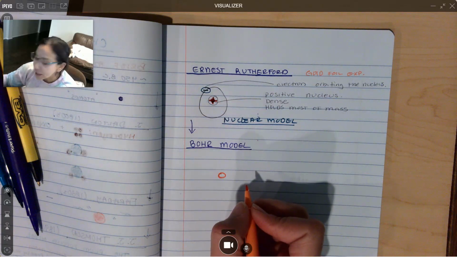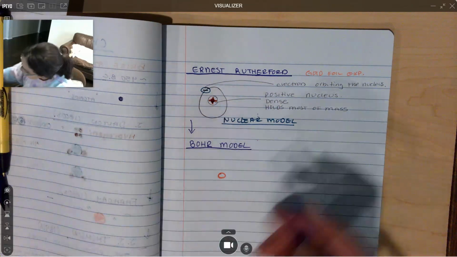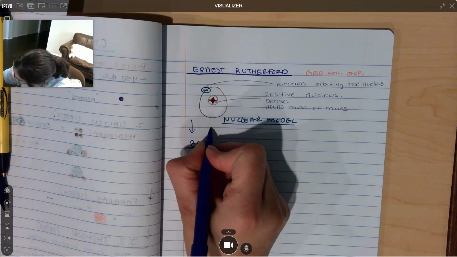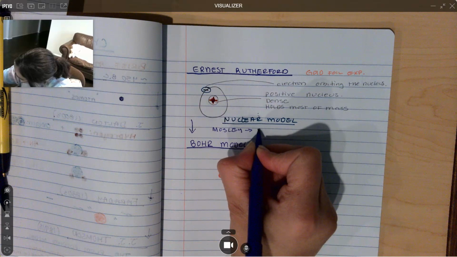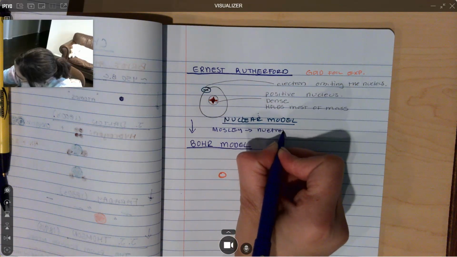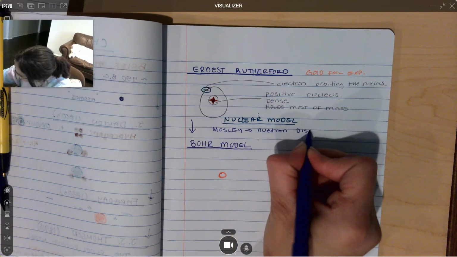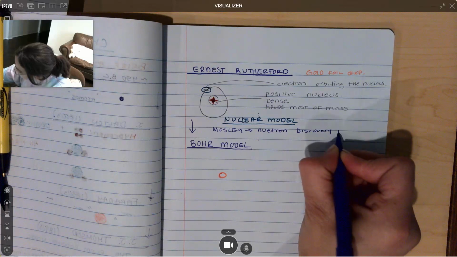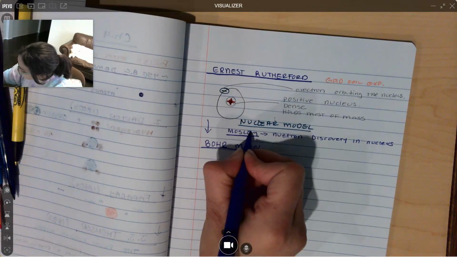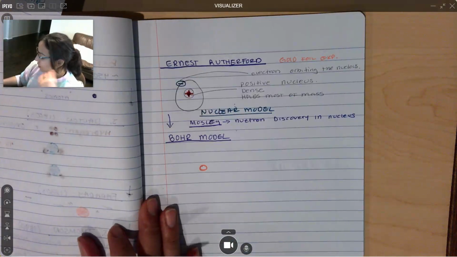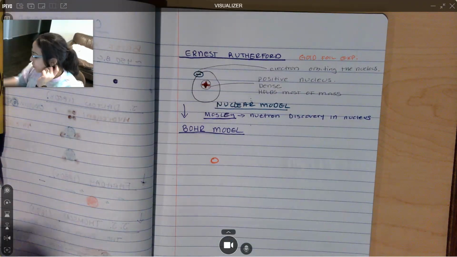So I left Moseley out on here, but if we want to put Moseley, he did neutron discovery in nucleus. Okay. I don't know what year he did it in. Okay, so anyways, we have now the Bohr model.